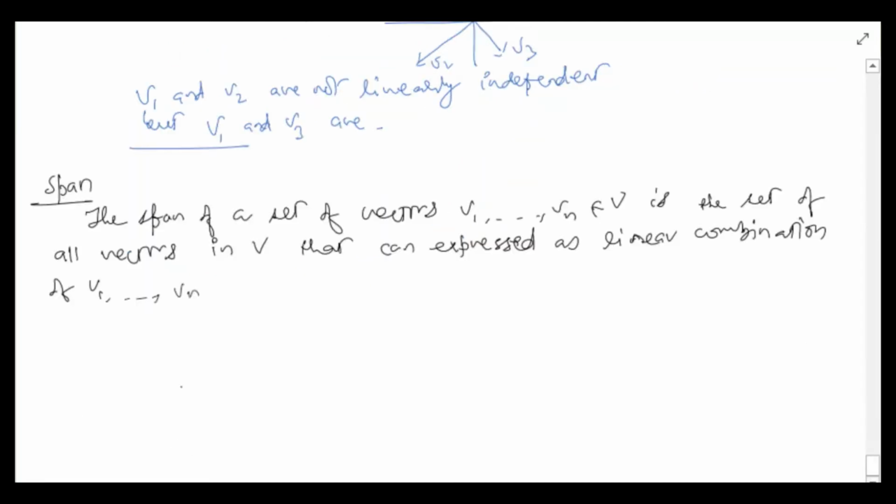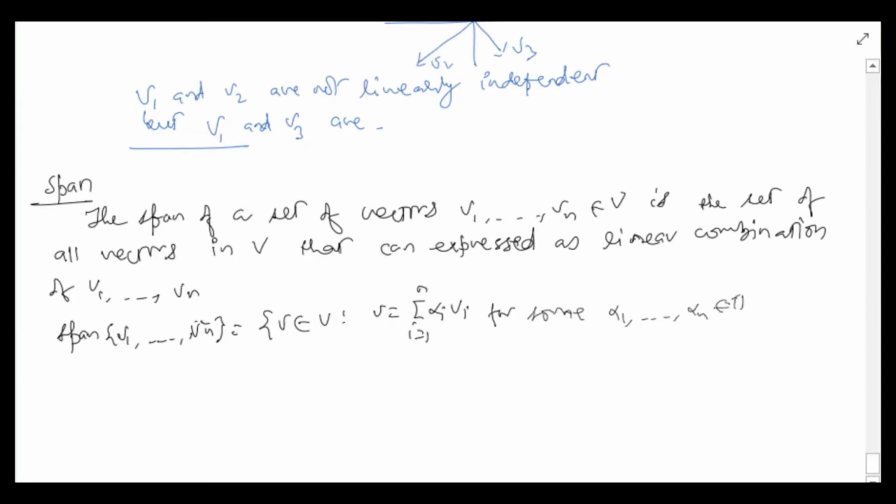In other words, span of V1 dot dot dot Vn is the collection of all v in V such that this v can be written as the sum of alpha i Vi, i equal to 1 to n, where alpha 1 to alpha n are real numbers.